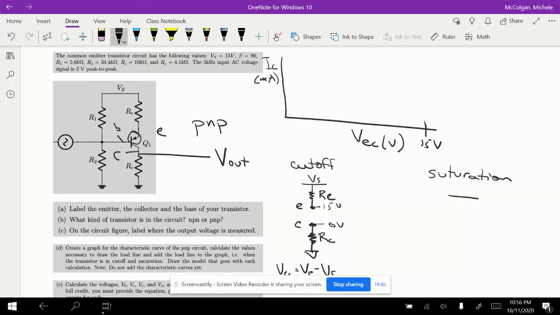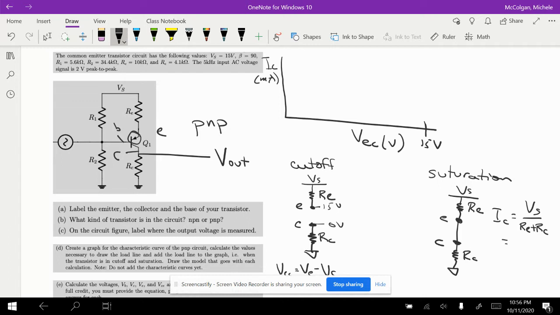Now we have the same thing, our RE, this is our E, this is our C, this is our collector resistor, and now we have a wire between E and C. With a wire between E and C, the max current we can have, IC, is going to be Vs over RE plus RC.